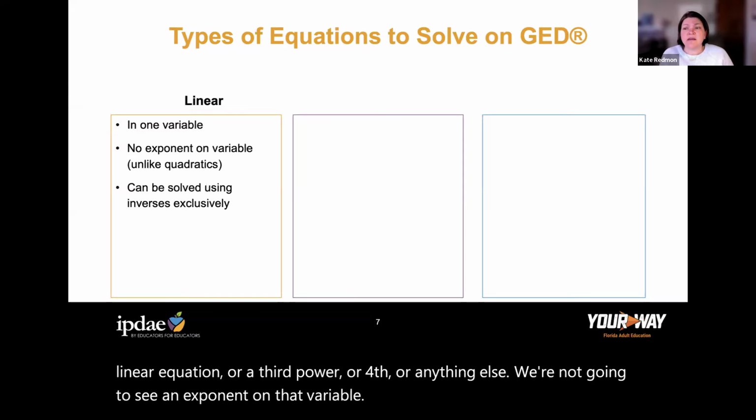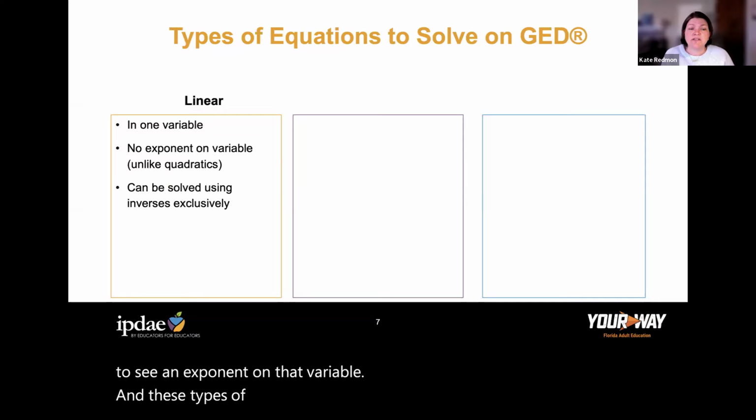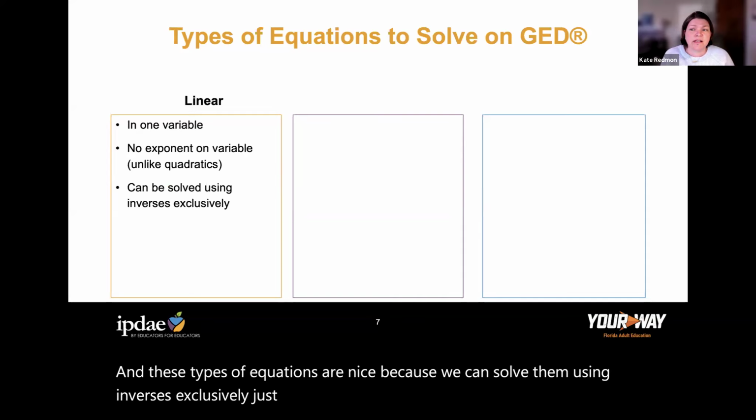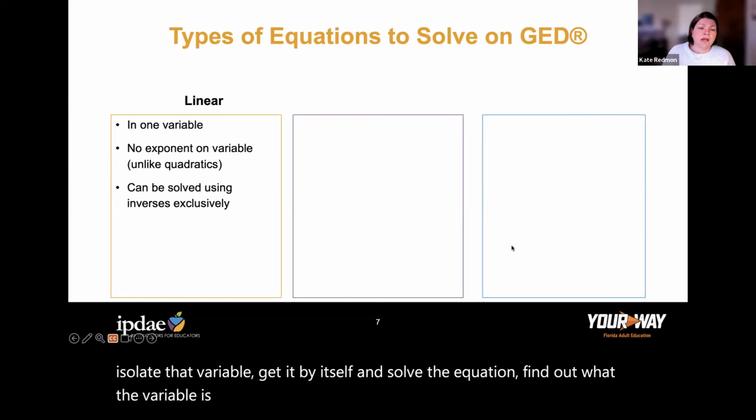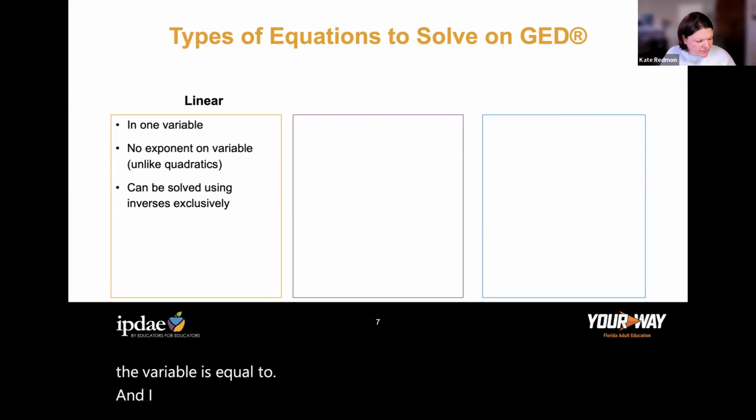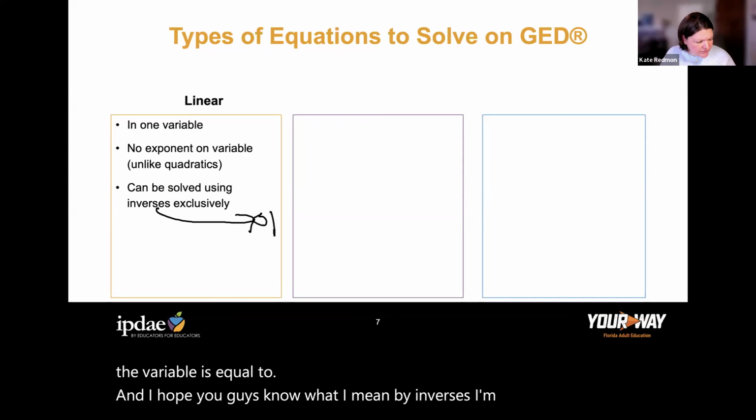And these types of equations are nice because we can solve them using inverses exclusively. Totally just by using opposites, we can isolate that variable, get it by itself, and solve the equation, find out what the variable is equal to. And I hope you know what I mean by inverses. I'm talking about opposite operations.